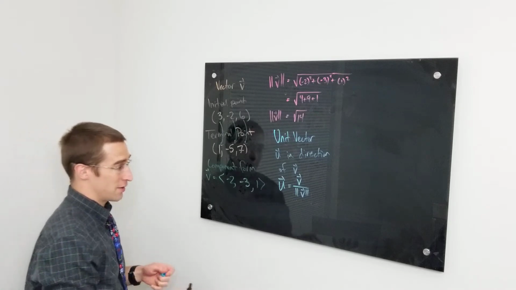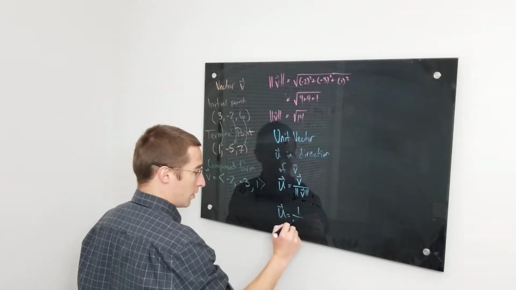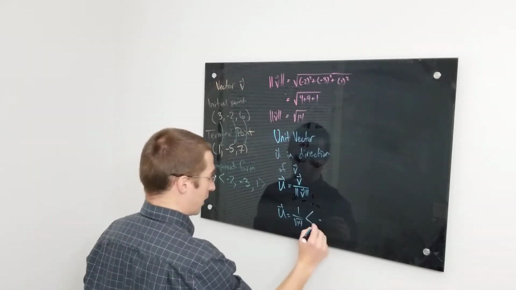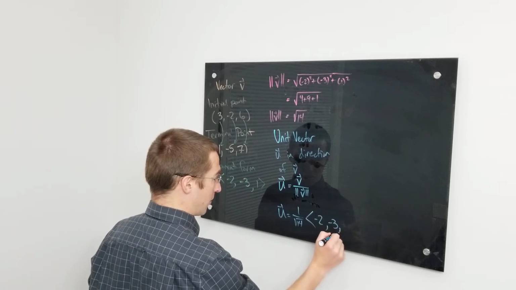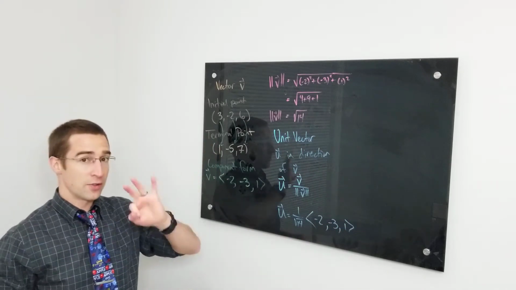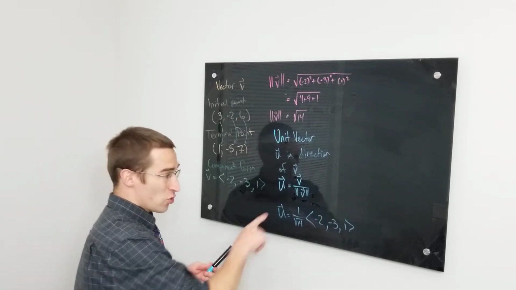So here it's just the unit vector is 1 over the square root of 14. We can rationalize that if we want, times <-2, -3, 1>. And scalar multiplication in 3 space works just the same way it does in 2 space with vectors. We just distribute this through.